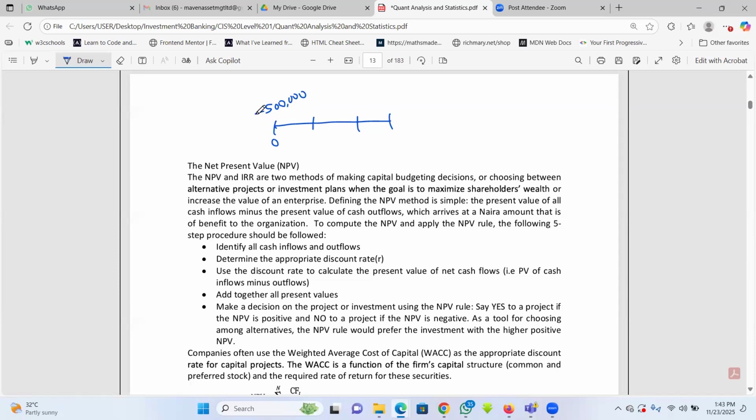So that's going to be an outflow, minus 500. Then at the end of each successive year, I'm going to be making, let's say, 200K, 250K, and then maybe 150K. This is the net present value of that. I need to bring the expected future values back to the present.